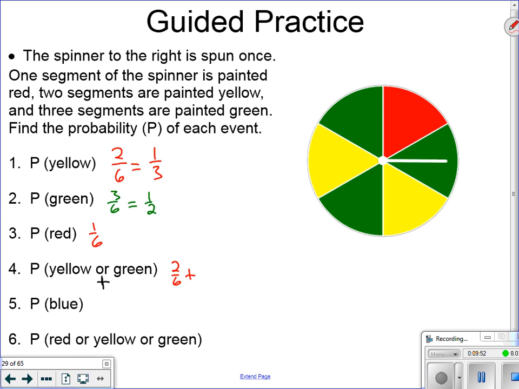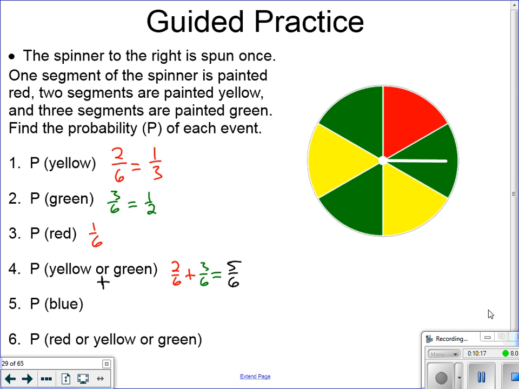So if I take the 2 sixths plus the green, which was the 3 sixths, 2 sixths plus 3 sixths is 5 sixths. So there's a 5 out of 6 chance when we spin this, we're going to spin yellow or green. And if you look at your spinner, there's 5 segments that are either yellow or green.